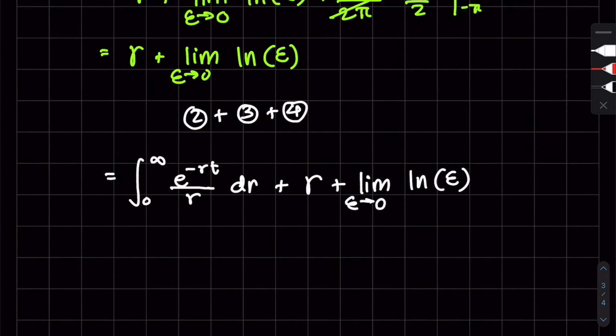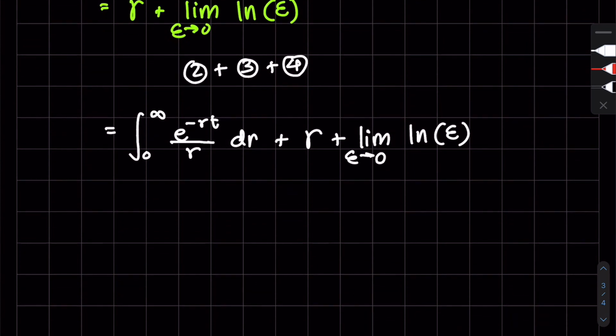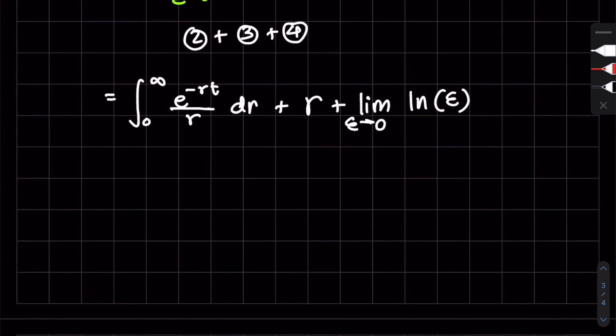This is not really L, or what we want yet, but you'll see this is well connected to that. We can use some integration by parts here. Integrate over 1 over r, so you have natural log of r, e to the minus rt dr, and then you differentiate the exponential. That cancels with the negative from integration by parts. We get a t.